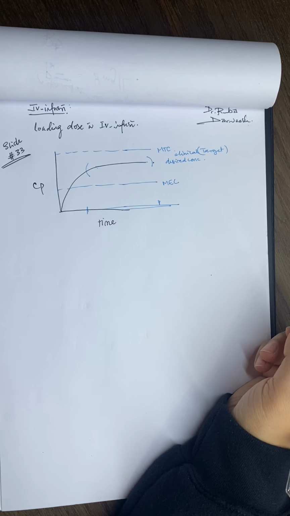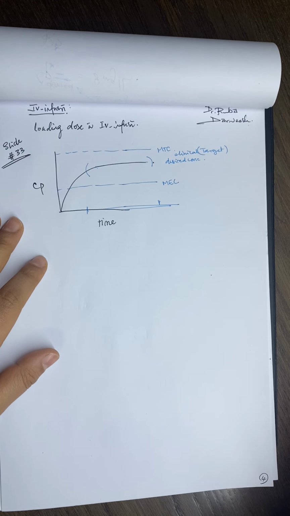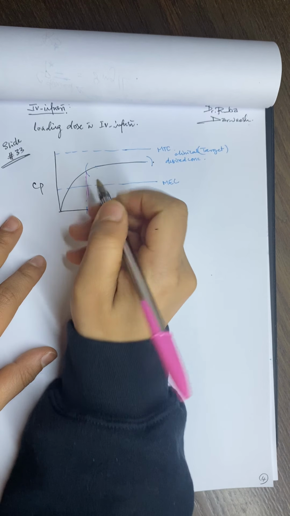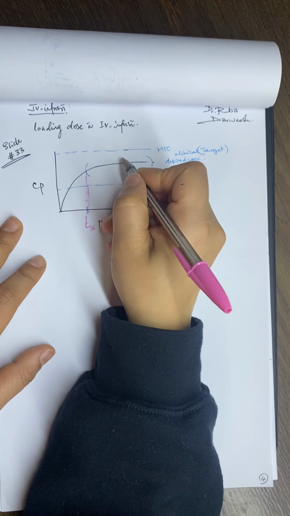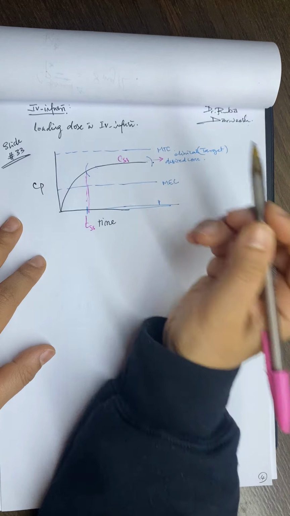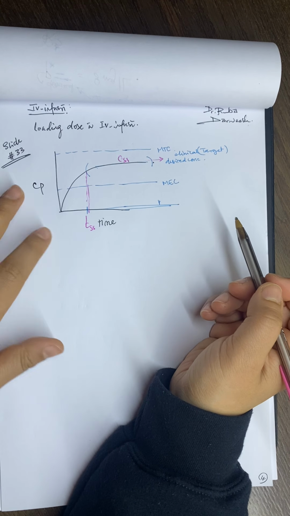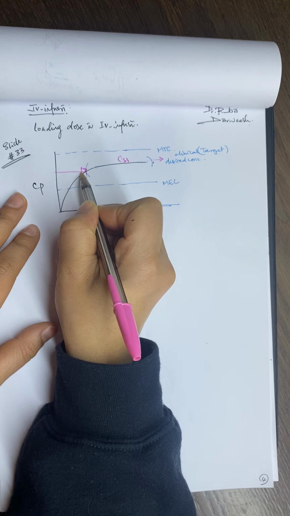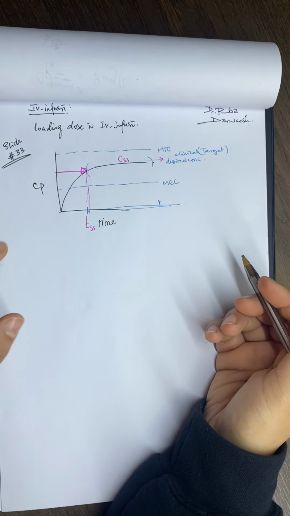Sometimes we have a critical situation where we need to wait for time to reach the steady state concentration, which is our desired concentration. In clinical situations, I can't wait that time to reach the steady state.